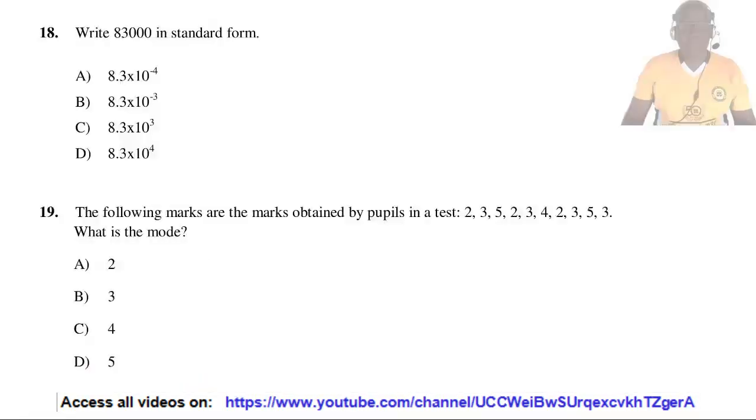Question 18. Convert 83,000 into standard form. In the standard form, there should be only one digit to the left of the decimal point, which is not 0. To obtain this from this figure, we shall move the decimal point 1, 2, 3, 4 places to the left. And this is equivalent to dividing the number by 1 with 4 zeros.